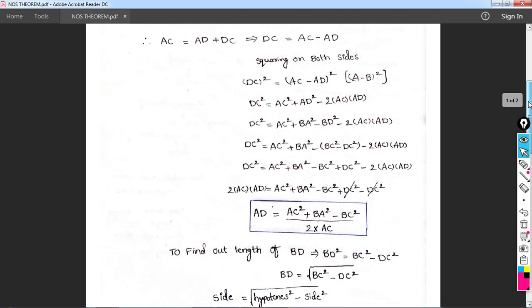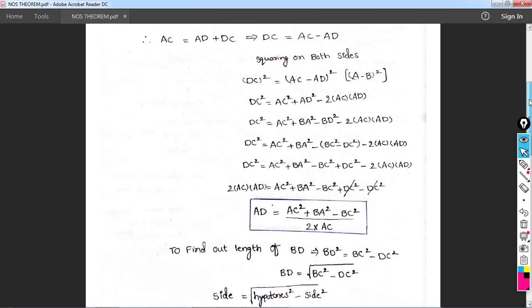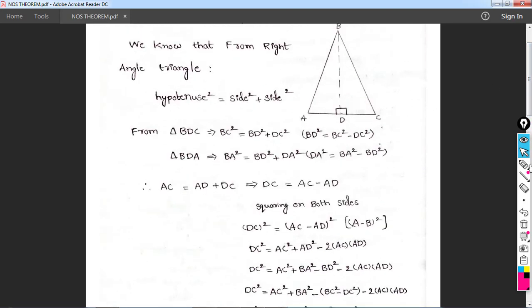Here we can find out the length of AD. AD is nothing but the cutting point. So when we know this distance and this distance, by this we can find out this distance. This is the hypotenuse and these are the sides.